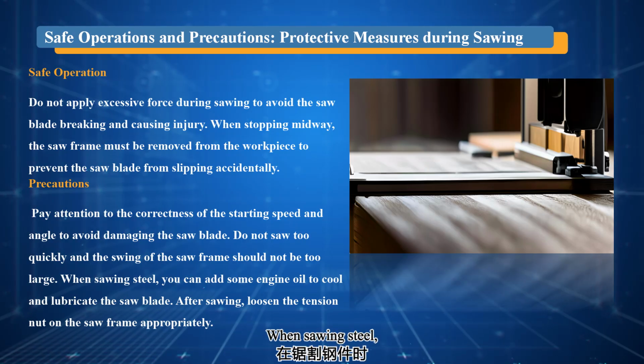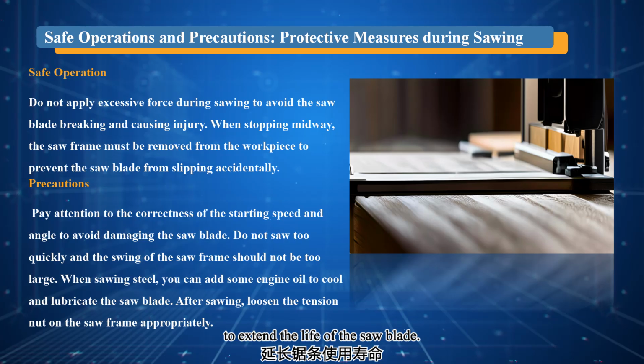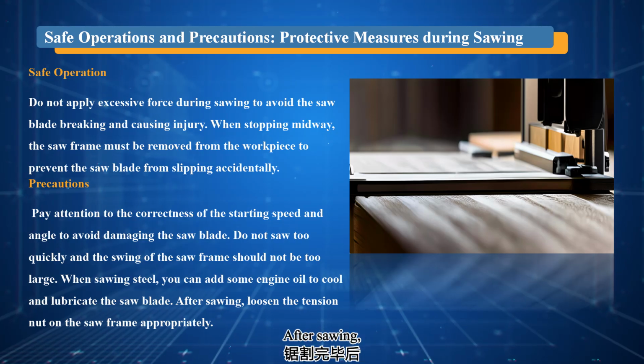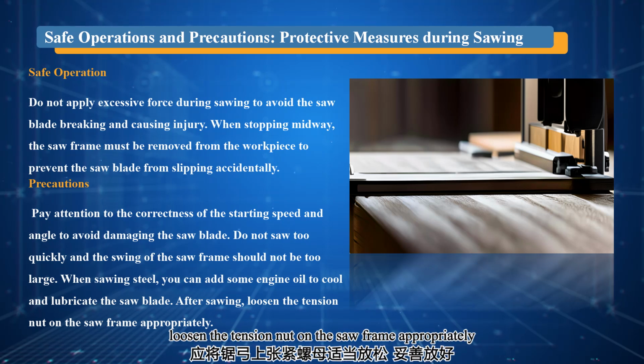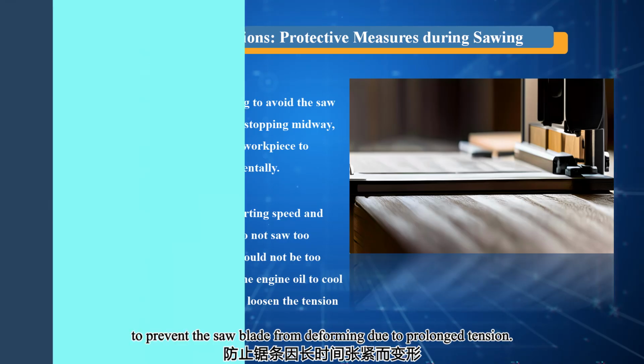When sawing steel, you can add some engine oil to cool and lubricate the saw blade to extend the life of the saw blade. After sawing, loosen the tension nut on the saw frame appropriately and store it properly to prevent the saw blade from deforming due to prolonged tension.